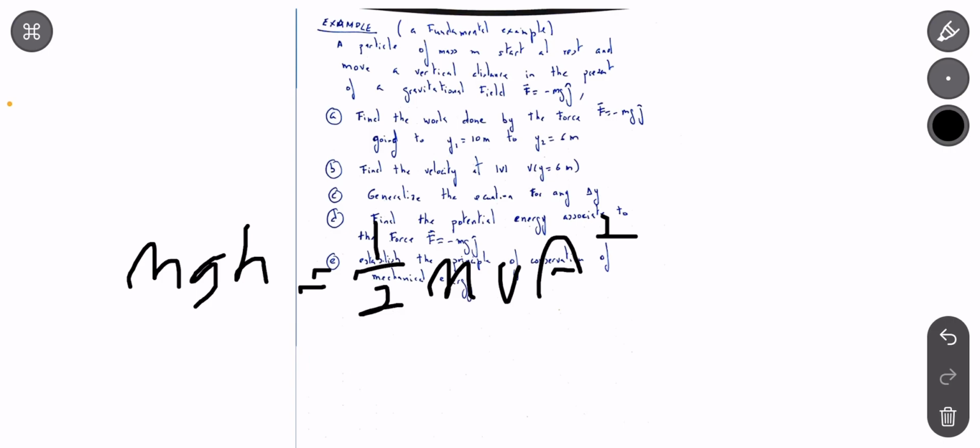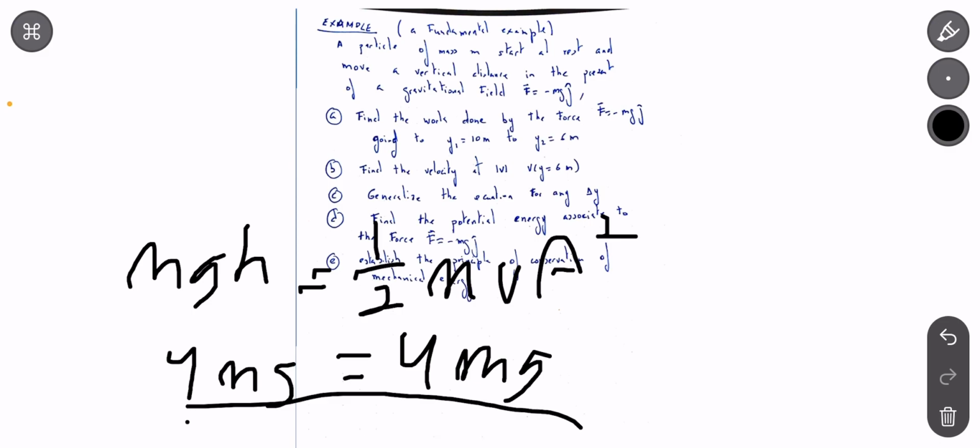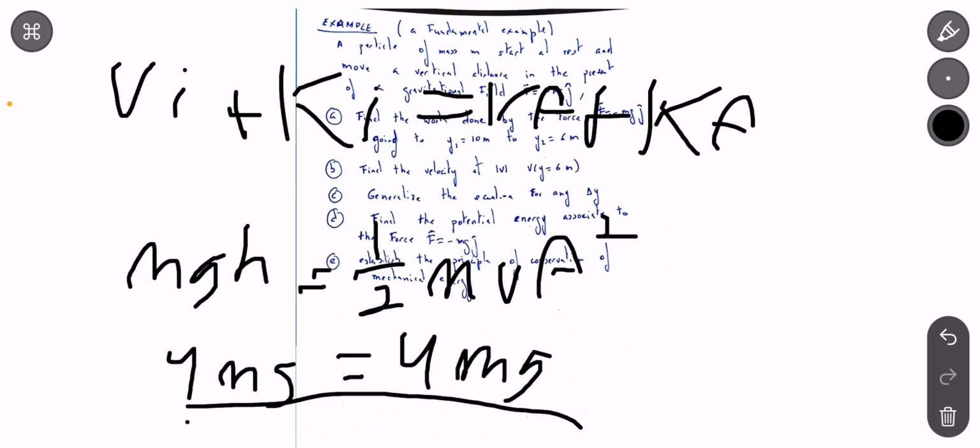Then we will break this down into 4mg, because we talked about this earlier. So this will be the final answer for us, basically. We'll talk about the conservation of energy equation. We originally started with Vi plus Ki equals Vf plus Kf. Remember how we got these, because we just plugged in from earlier. So we're left with 4mg equals 4mg.